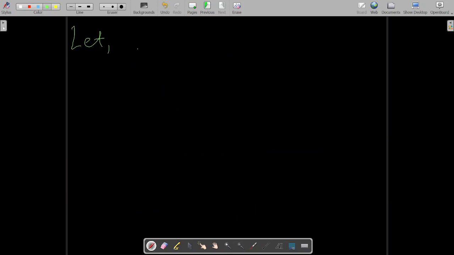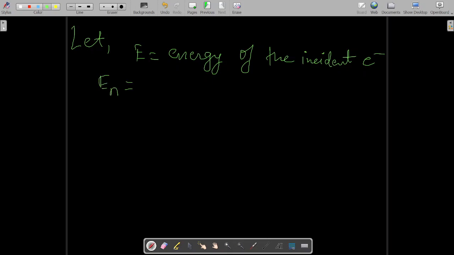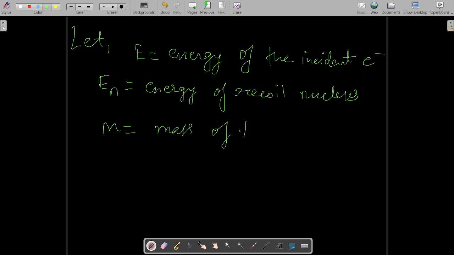So let E be the energy of the incident electron, En the energy of the recoil nucleus, m the mass of the nucleus, and theta the scattering angle.